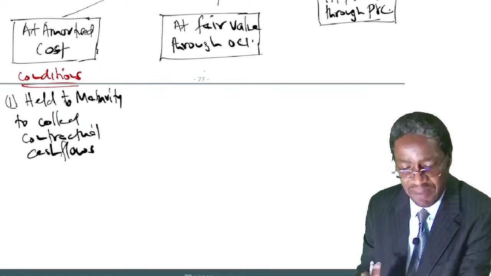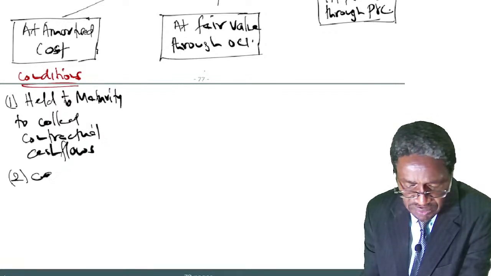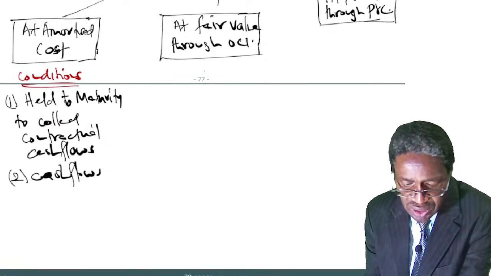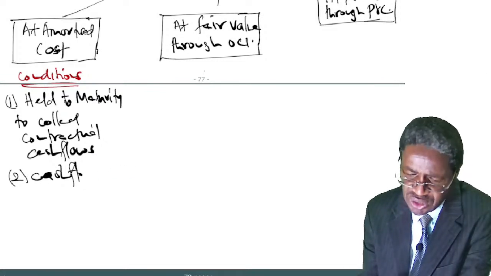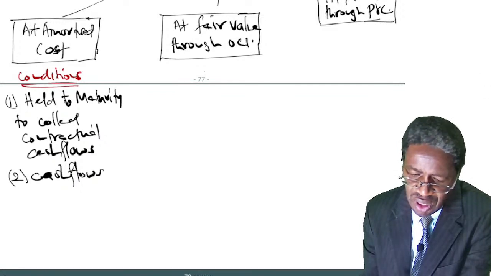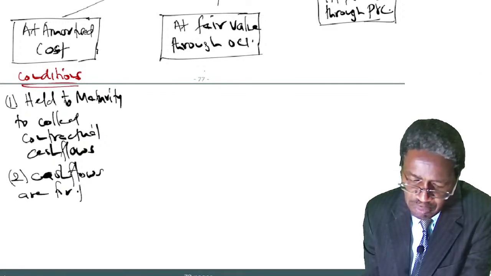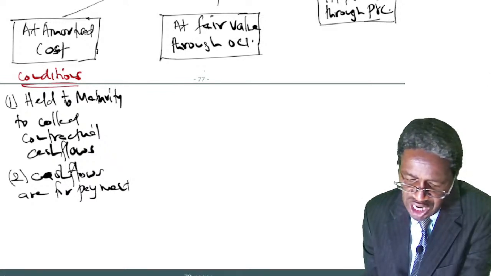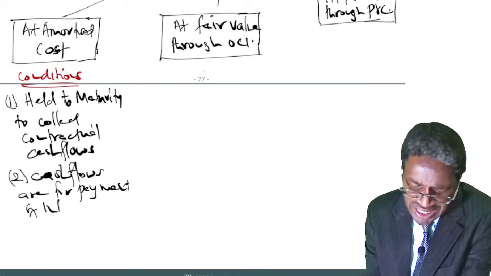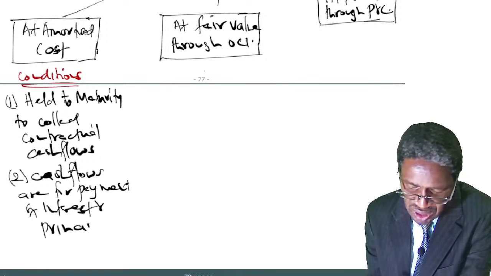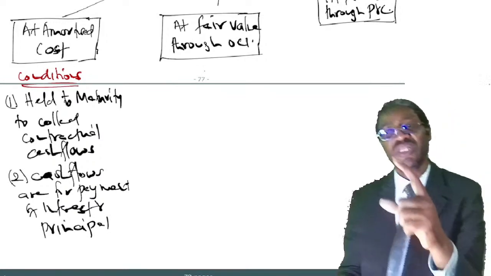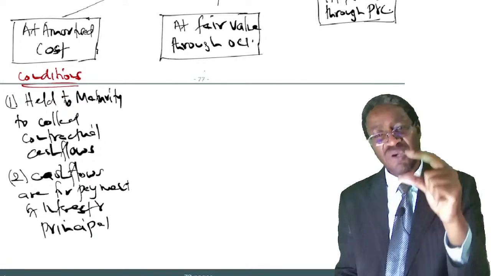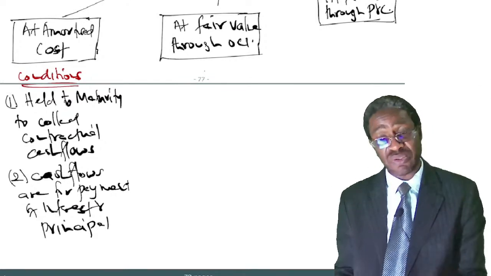So that's condition number one, that this is a financial asset which is held to maturity to collect contractual cash flows. Number two, these cash flows are for payment of interest and principal. The cash flows that you are collecting, those contractual cash flows, they are for payment of interest and principal.